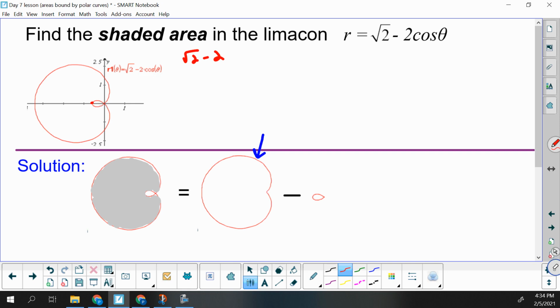So our part we want to subtract, that would be the places where the radius is 0 on either side of that. One would be negative, one would be positive. So for this loop here, we're going to do it from negative pi over 4 to pi over 4.